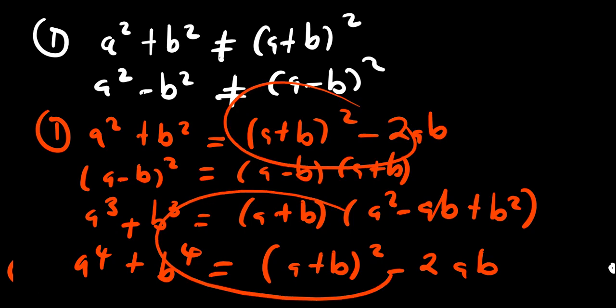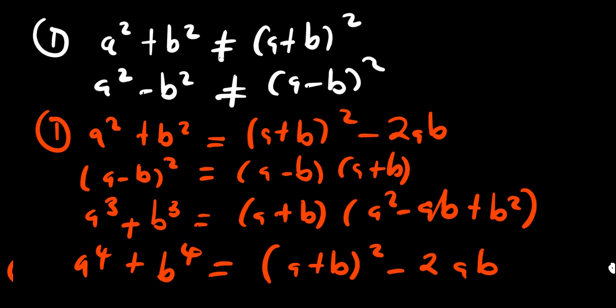So wherever there is a letter, you're supposed to square. Here there's an a, I'm going to square. Where there's b, I'm going to square. That's how you're going to find it to the power 4 like that. So you have to understand these simple concepts. Very, very important for you to know.